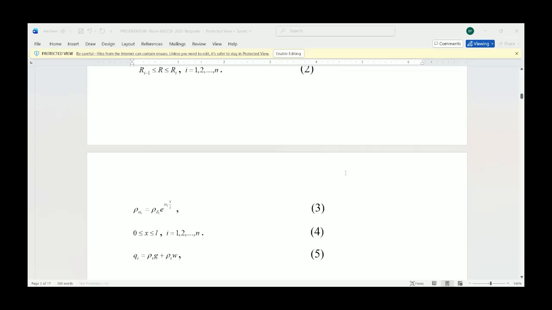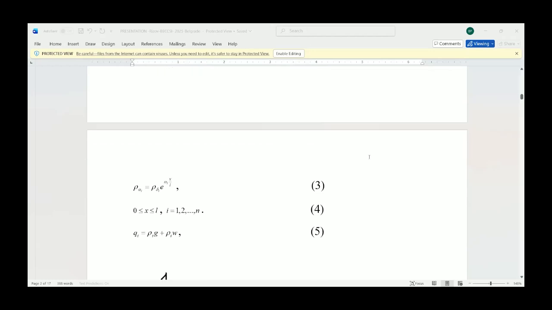Equation number 3 describes the variation of rho alpha i along the rod length. Here, x is the centroidal axis. The origin of this axis is in the rod lower end. Rho delta i is the value of rho alpha i in the rod lower end. L is the rod length. Omega i is a parameter.